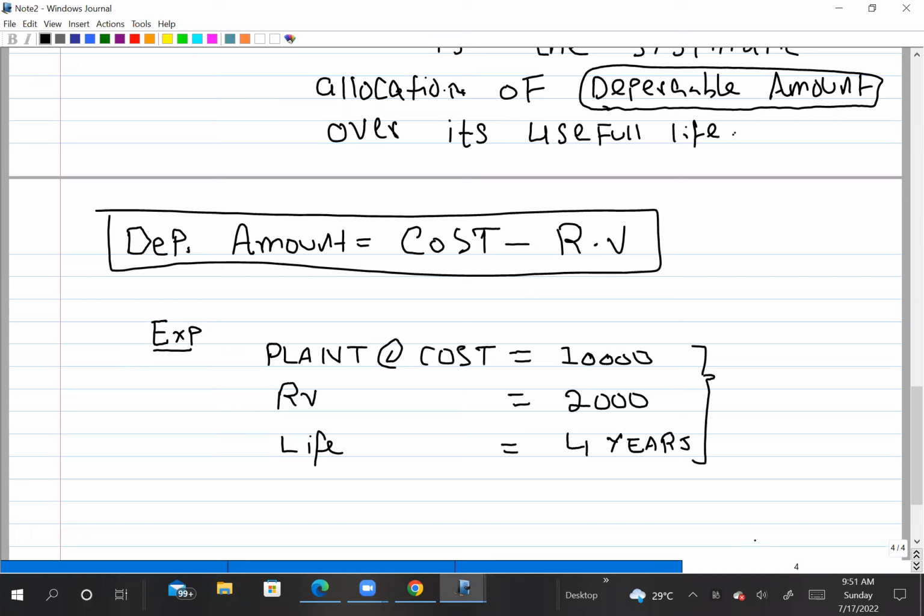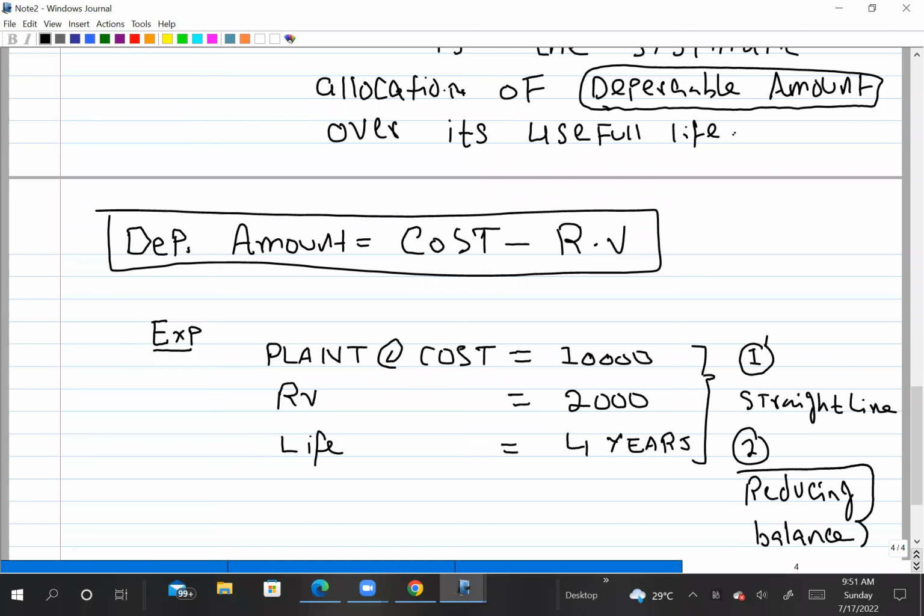Mainly we have two types of depreciation method: straight line method and reducing balance method.